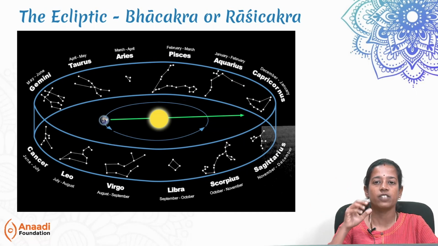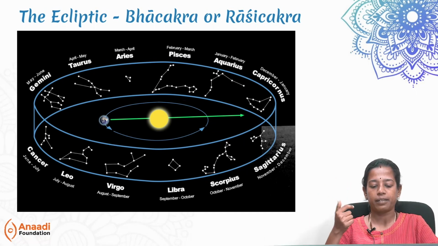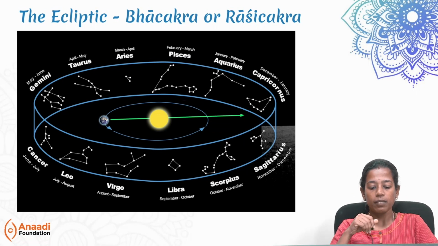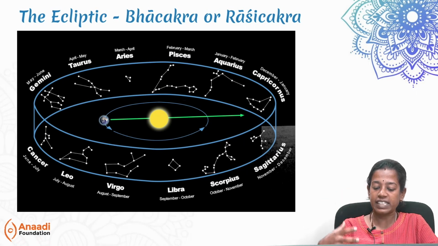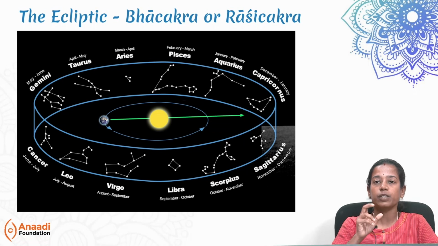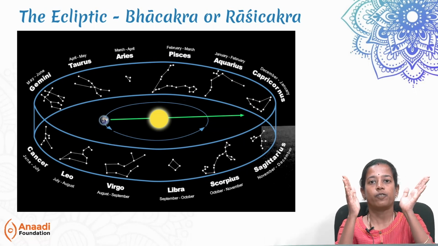12 constellations we have mapped on the ecliptic. But why do we have 12? As we go around the sun, there is a 360-degree motion that is happening to Earth. So, we divide these 360 degrees into 12 segments of 30 degrees each. That is how every Rashi is constituted. This constellation itself could be spanning vastly, but from the observer's point of view, it is going to only span 30 degrees.